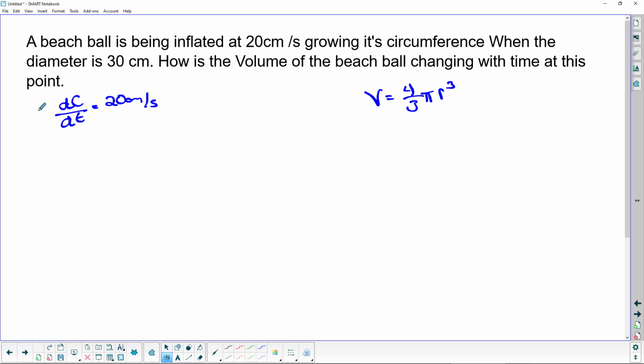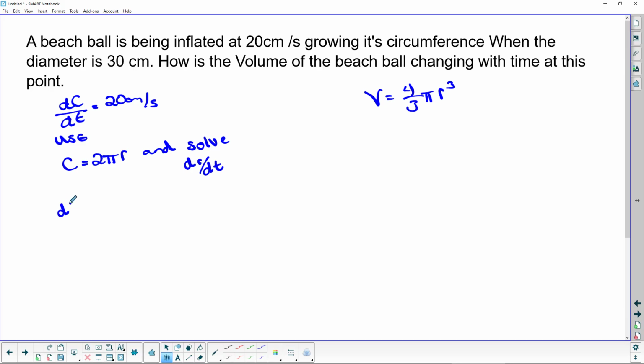So we have to use the circumference formula to solve for dr/dt.